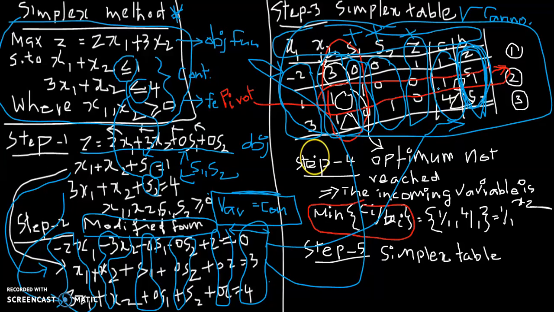So s1 equals 1, s2 equals 4, and substituting, you get z equals 0. These are the basic variables. The next step is the test for optimality. That's the next step you have to understand.